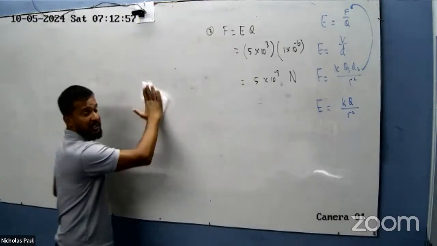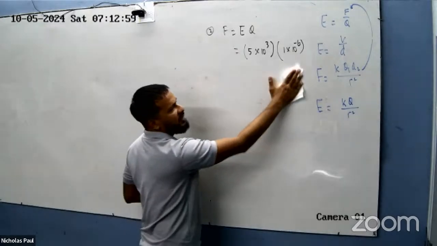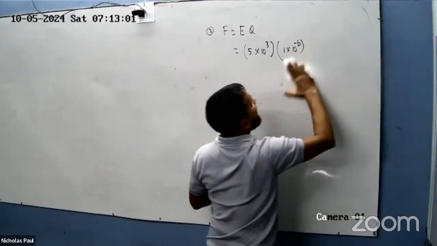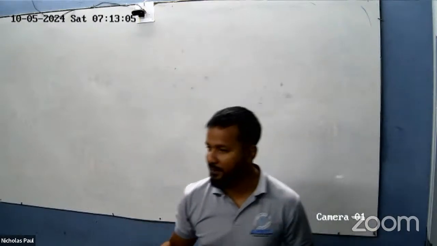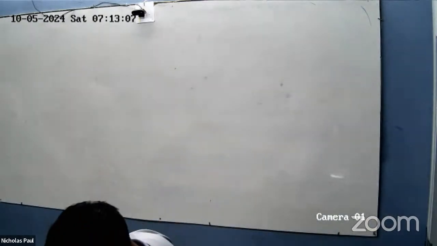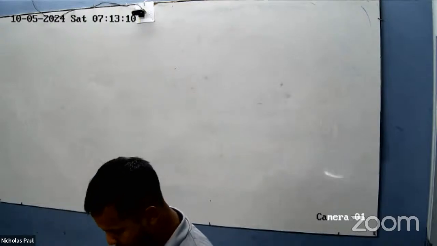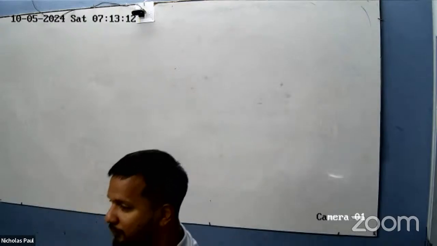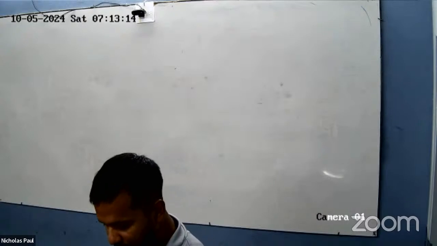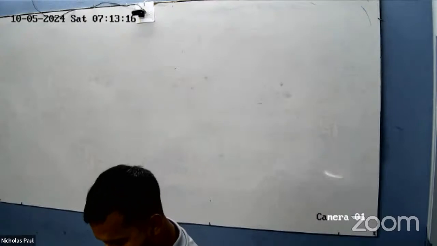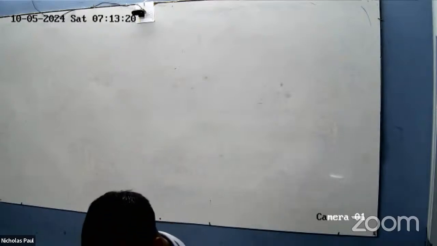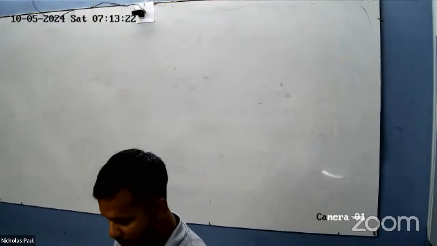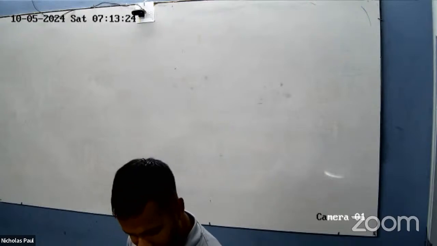Right, yes, direction's important. So when you find the field strength, make sure you put it in the right direction, right? So you will know if it carries a plus or a minus sign, right? 2.8 by 10.